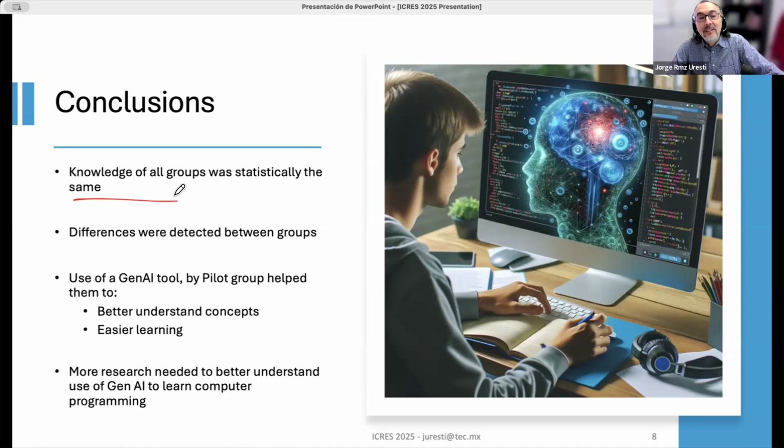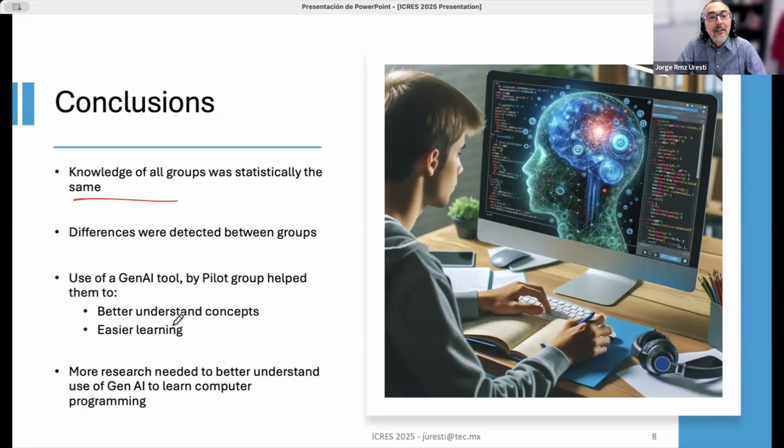The differences were that by interacting with this generative artificial intelligence tool, they had a different view of the same topic, and they had some solutions and explanations that were different from the other group. That's why we think this was a good first attempt to use this generative tool.